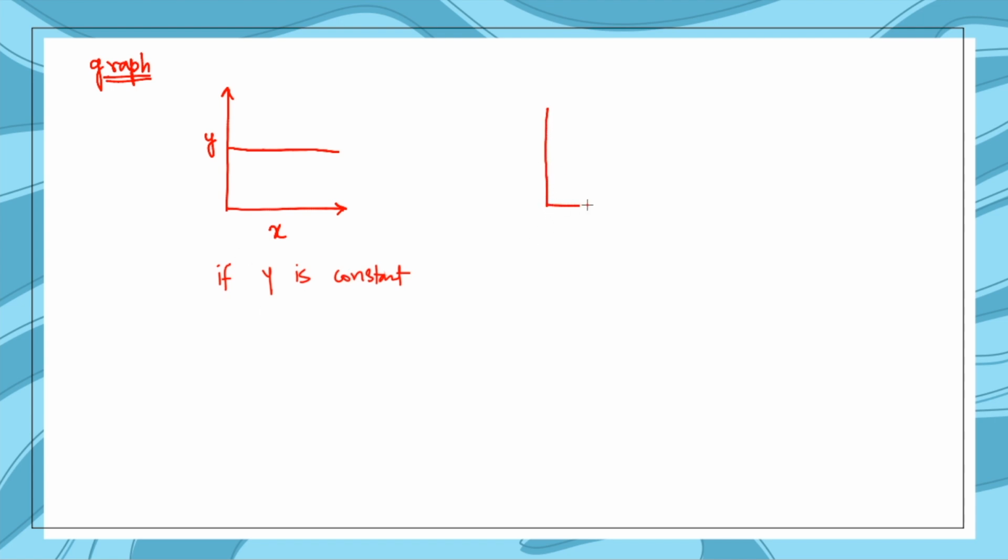Similarly, if you get a graph where y is continuously changing with x, that means as x is changing, y is also changing uniformly.